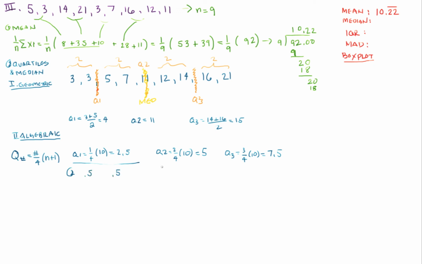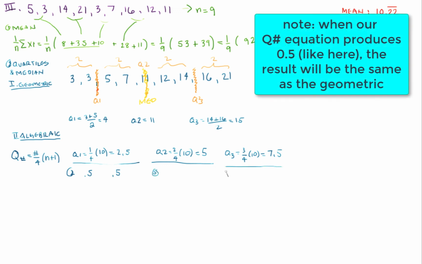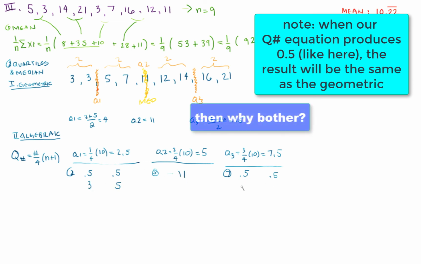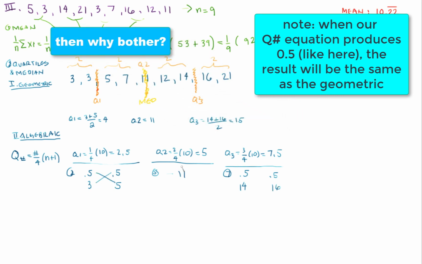This is the exact number, so we just keep it as it is. And our 7.5th, we carry numbers 7 and 8, and here we have 14 and 16.